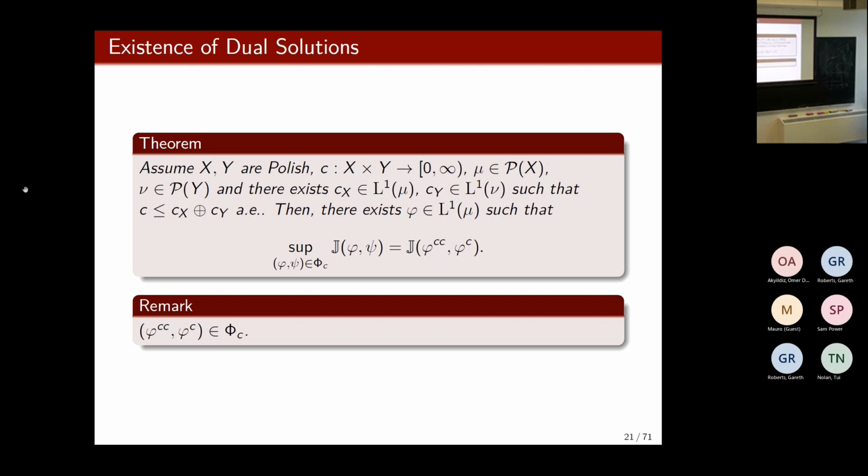Yep. How does phi double conjugate relate to phi? It can be exactly the same thing. I have to double check these things exactly, but with the convex conjugate, if you start off with a lower semi-continuous convex function and take its second convex conjugate, you just get the function back again.